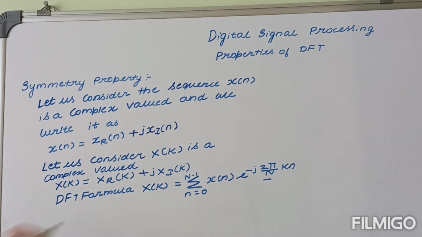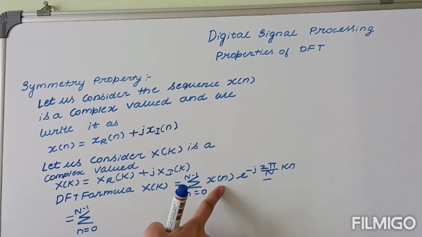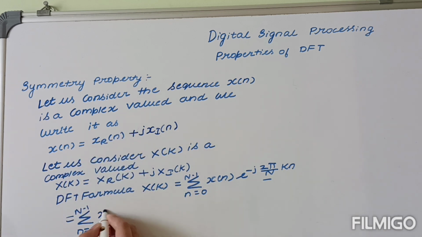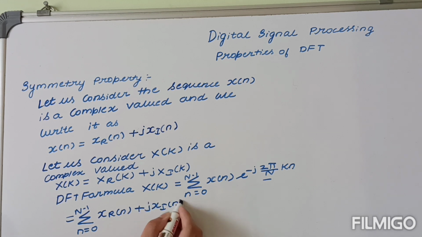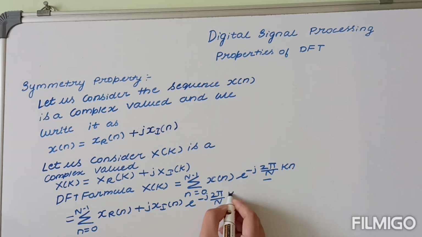Next, I have to take the summation from n equal to 0 to n minus 1, and this x of n has to be substituted with this. So I can write it as xr of n plus j xi of n into e to the power of minus j 2 pi by n into kn.